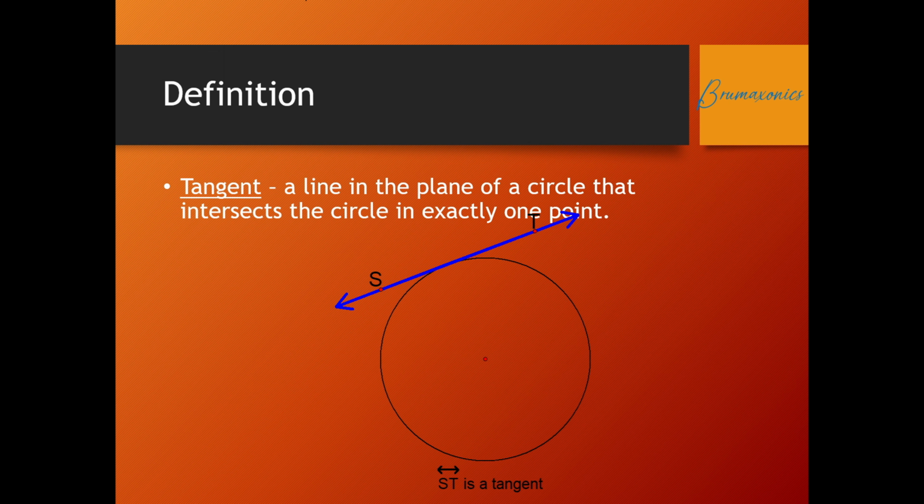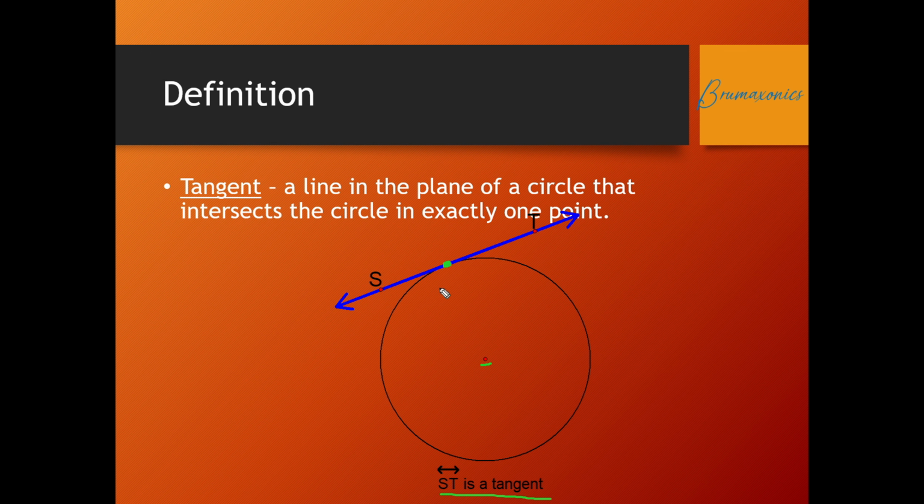A tangent is a line in the plane of a circle that intersects the circle in exactly 1 point. This means that the line should intersect the circle at a specific point. So this will be the point, and this one will be the radius. So we know that ST is a tangent.